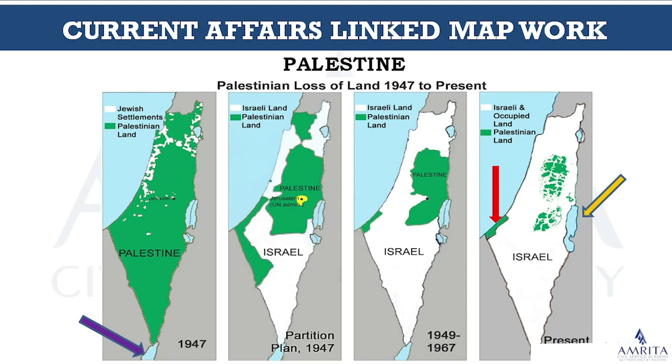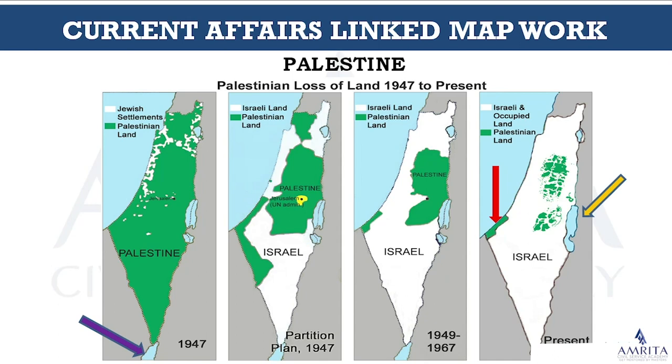Then in the period 1949 to 1967, after the war, Israel expanded their area, and the Palestine area started decreasing while the Israeli area started increasing. You can see this in the map. Then the current situation is in the fourth map.